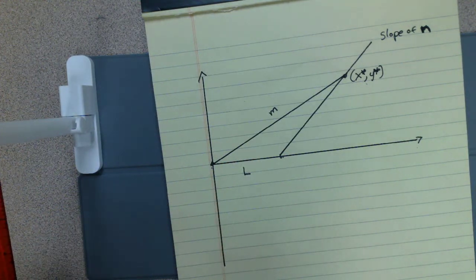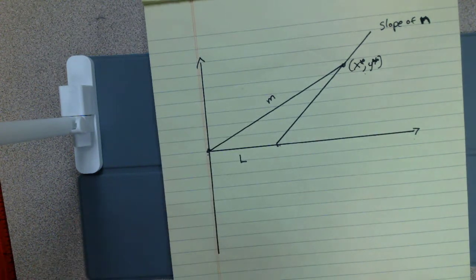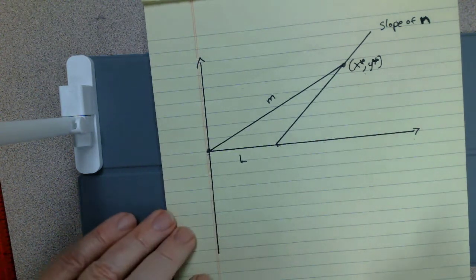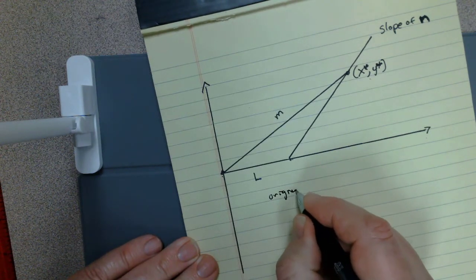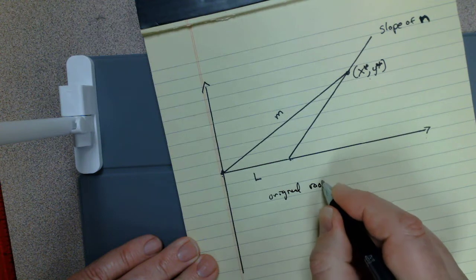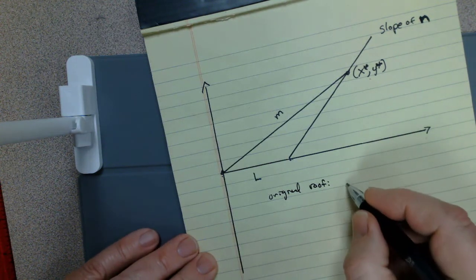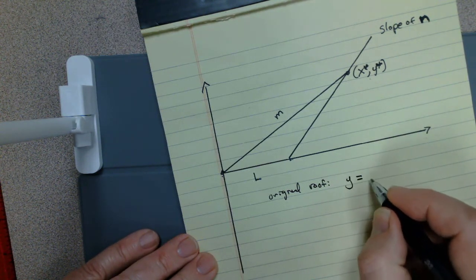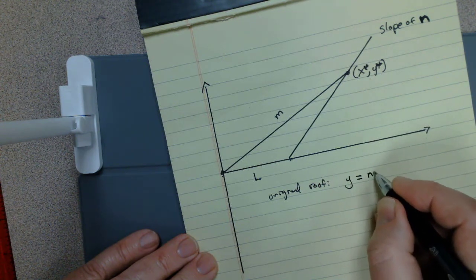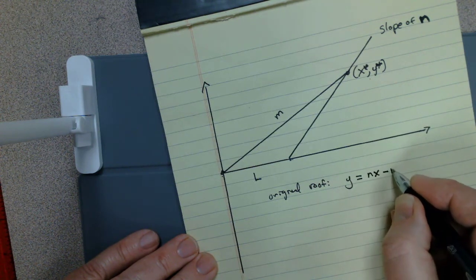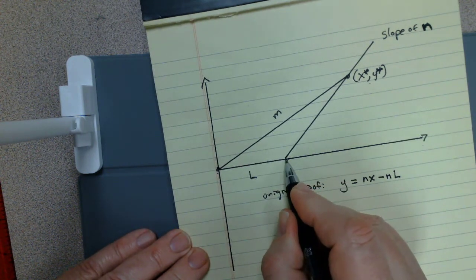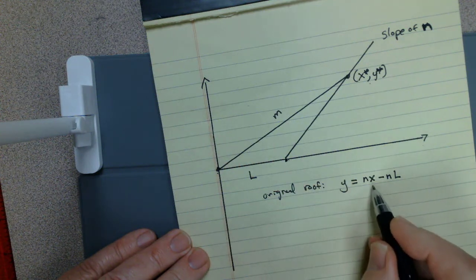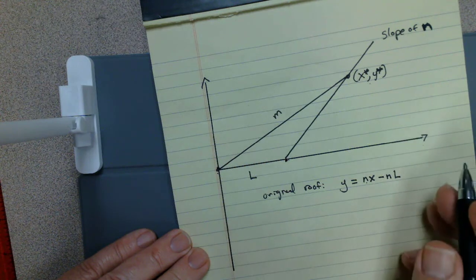All right, so having set this up, let's do some thinking. The original roof, okay, it is y is equal to n times x minus n times L. And you can check this. This is the point L, 0. If I put in L for x here, n times L minus n times L is 0.